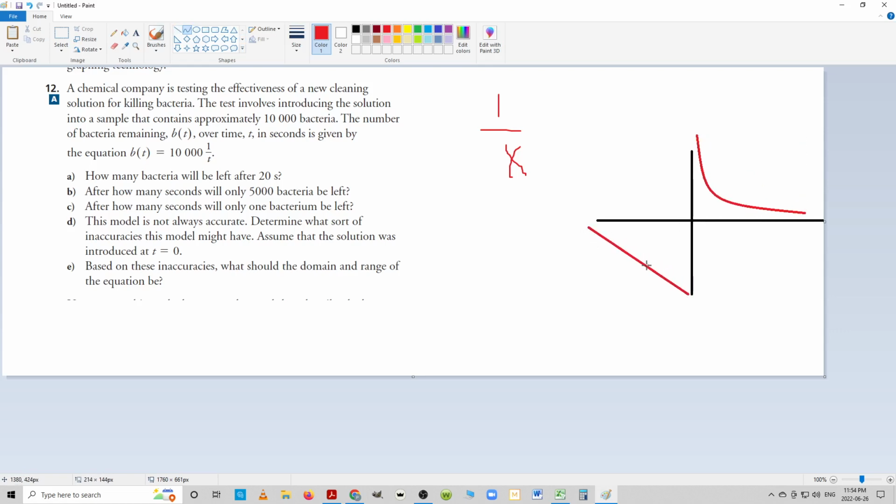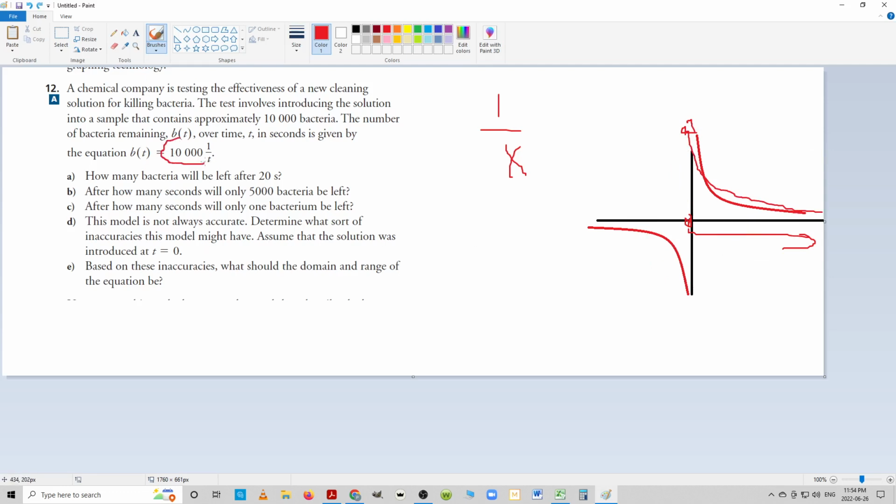Now, because time is on the x-axis, it starts at 0 and moves that way, you can pretty much ignore the left side of the graph. So this is what they're talking about. In other words, the bacteria are going to start big and then decline and approach 0 but never reach it.